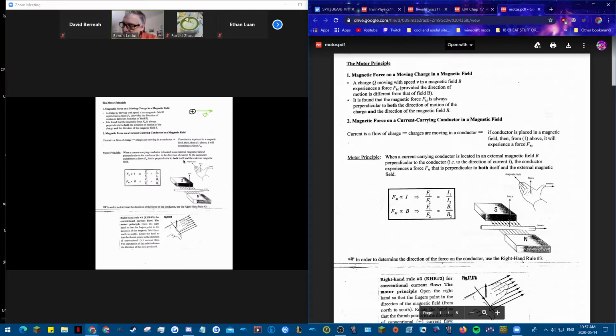And let's say here that you have a magnetic field. Let me get this correct here. Let's pretend that there's a magnetic field, and the magnetic field is in blue, and the magnetic field would be like this.